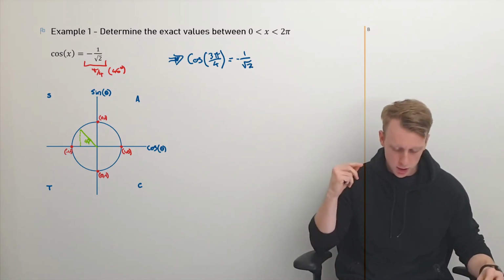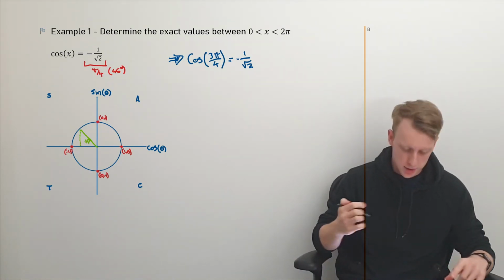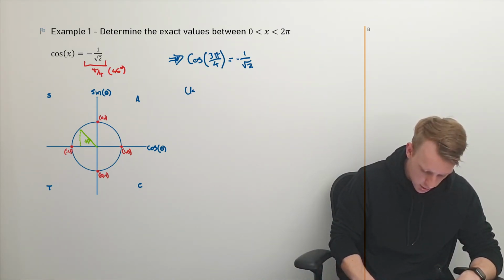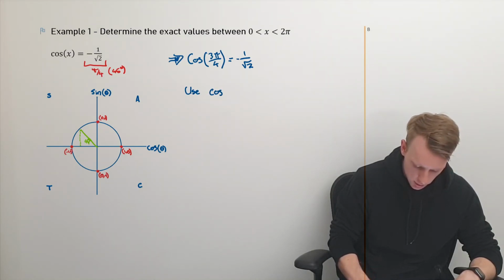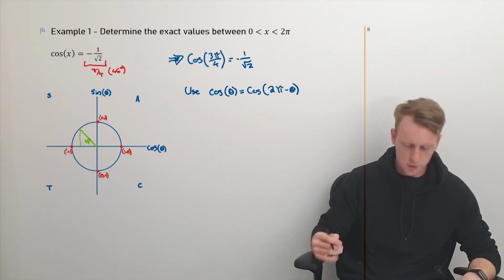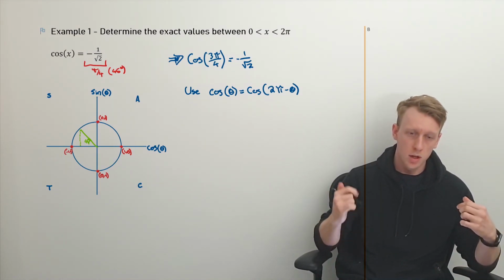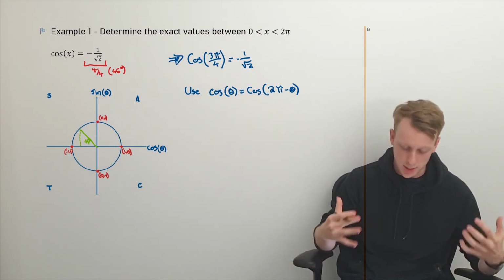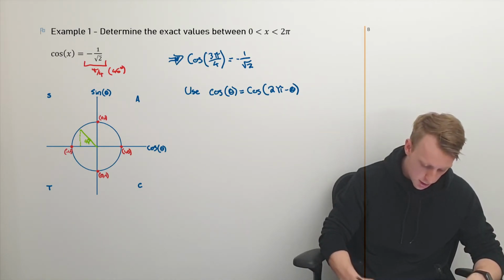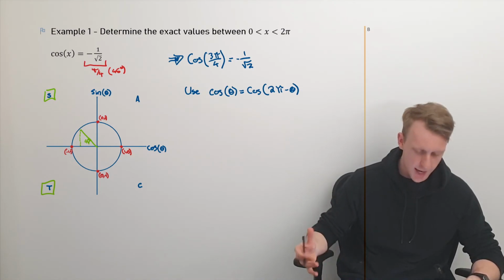That's one value there. To find my second value, again, you can do this two ways. There's a trig identity, so we can use the fact that cos of theta is equal to cos of 2 pi minus theta. If you want to look at it graphically, you can have a sketch of cos there next to you. You can also use the unit circle because we've got the same synergy in the unit circle, but we consider that cos is negative here, cos is also negative in this quadrant there.